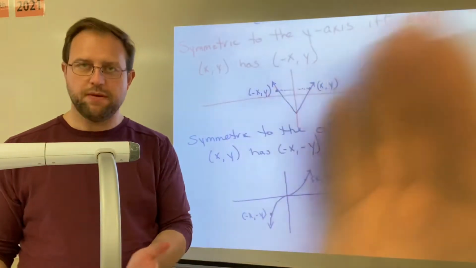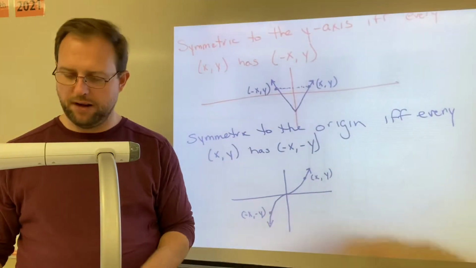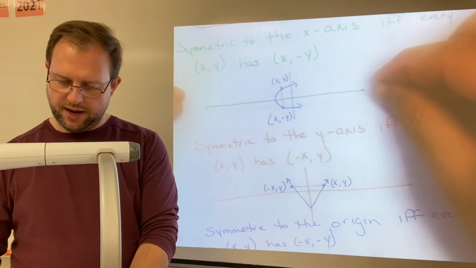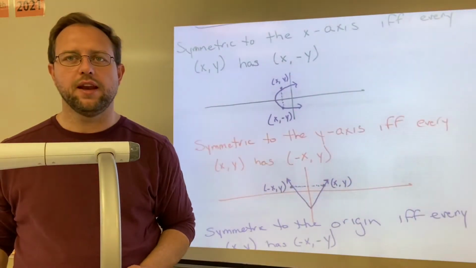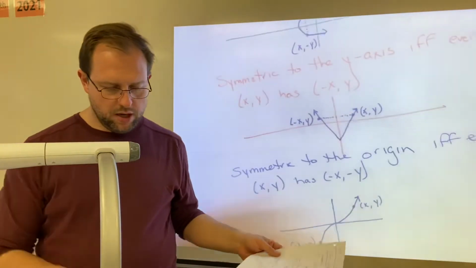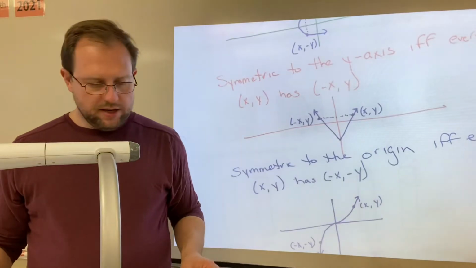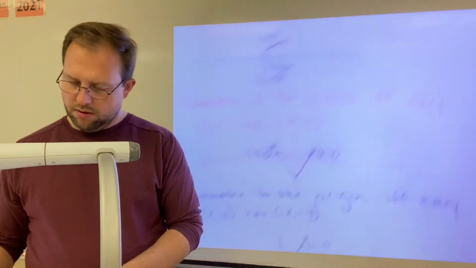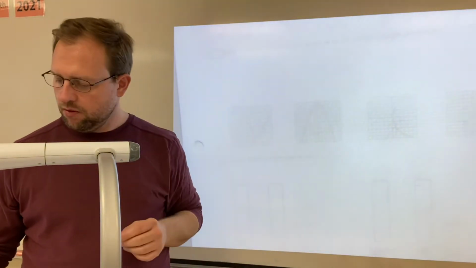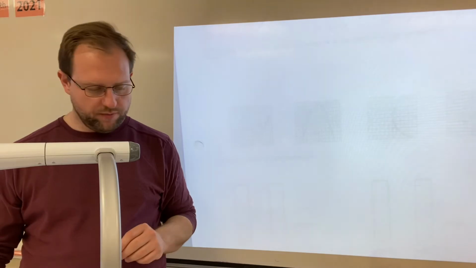Symmetric to the y means we can fold it across the y like a pancake or like a hamburger bun, and on the x we can fold it and it creates the same pattern on both sides. Okay? The importance of this comes when we are looking at what kind of functions they are.